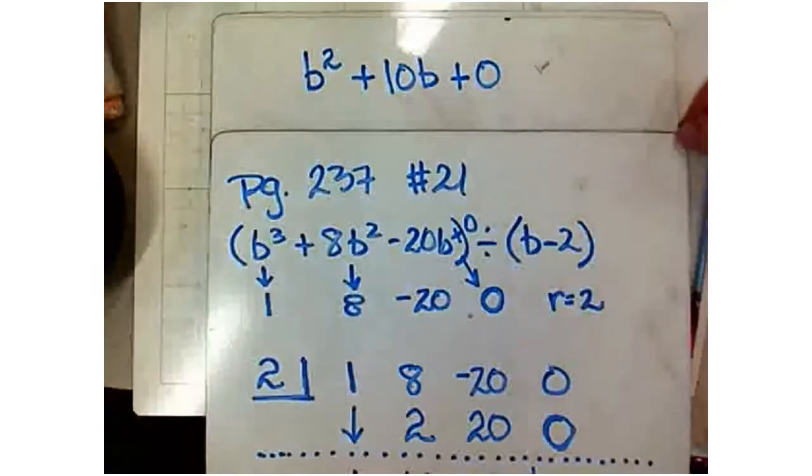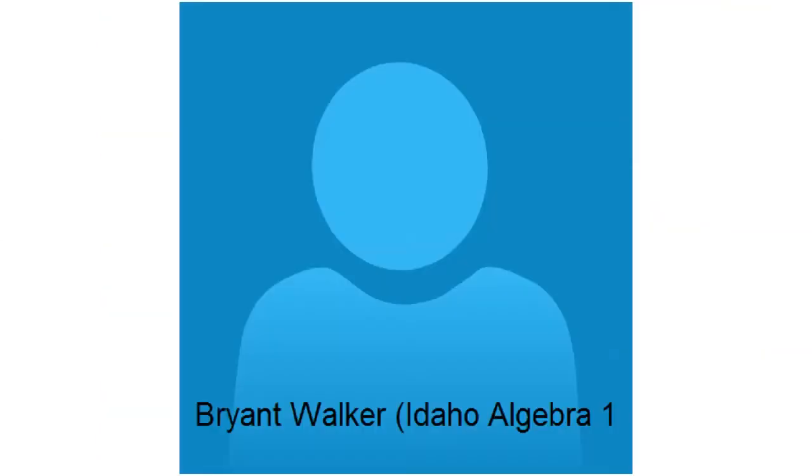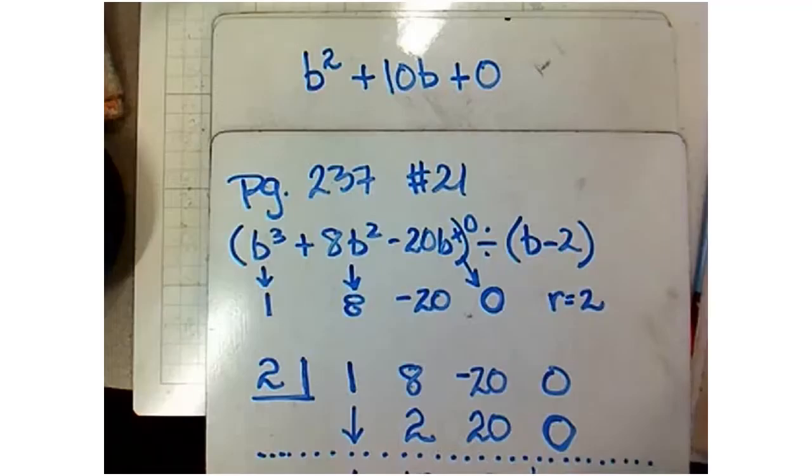It's okay if it makes you feel comfortable to say plus 0 for your constant. So you'd have b squared plus 10b plus 0, or just b squared plus 10b. Okay? All right. So that is the answer to b to the third plus ab squared minus 20b divided by b minus 2, and we used synthetic division.